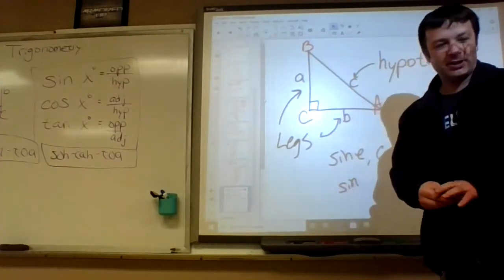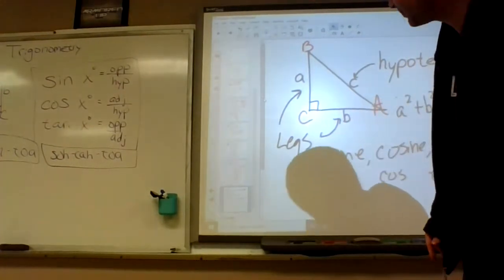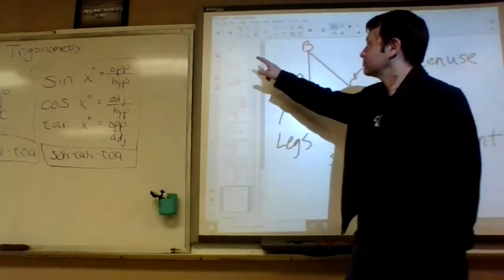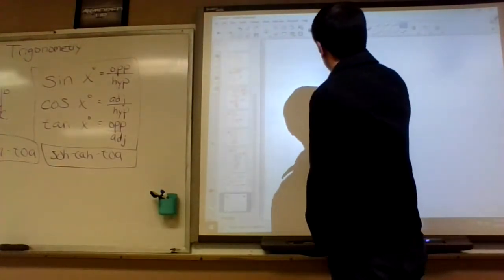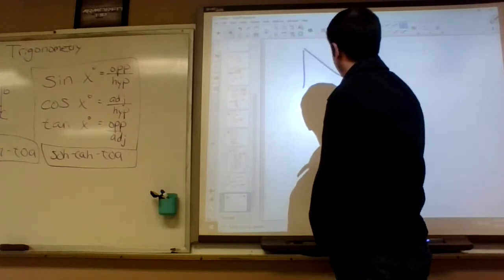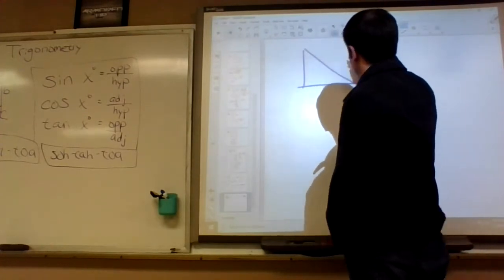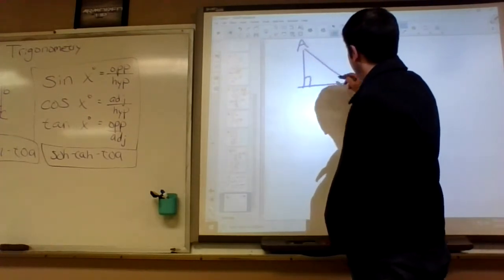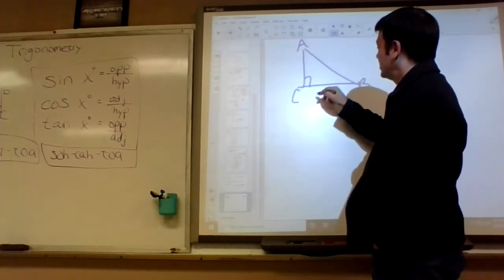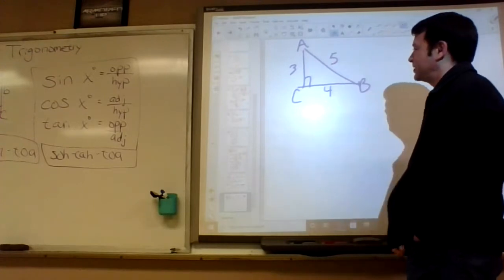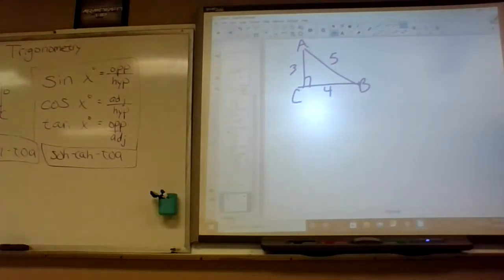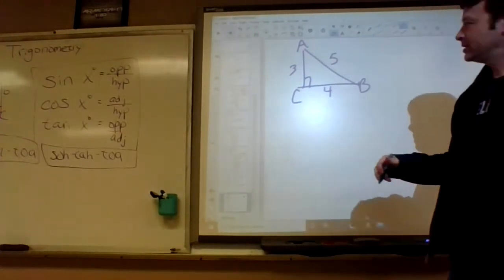So, let me do a couple examples here. If it's a little muddy right now, that's fine. We'll clear it up as we go. Let's say this is triangle A, B, C. You guys remember the 3, 4, 5 triangle makes a right triangle? 3 squared plus 4 squared equals 5 squared.